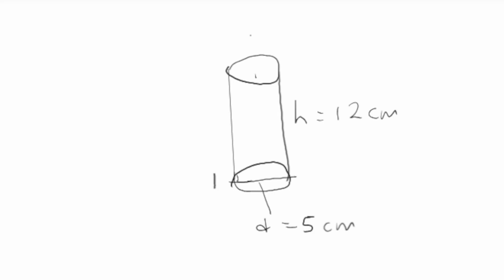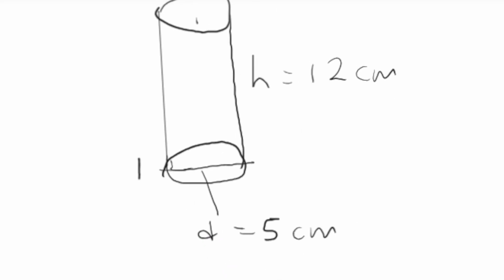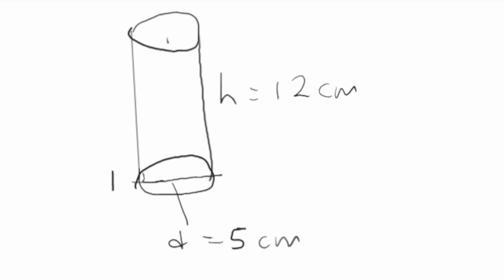And then you have to calculate the volume of this one. You can calculate the area as well with the formula that we have, but let's look at the volume first. So you know that it's formula work. So this is our cylinder.